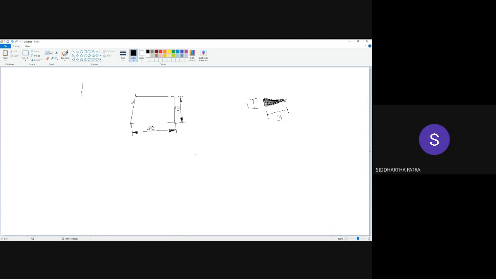Now you'd ask, if I had put the dimension from this side, would it be different? No. Even if I had put the dimension on this side, the dimension text should be in this fashion.